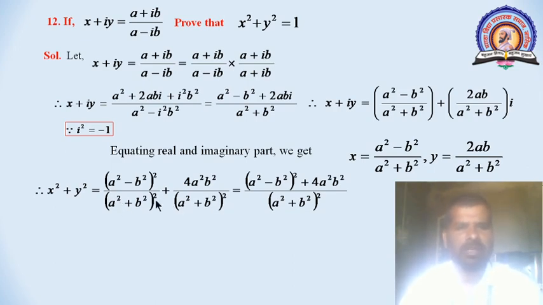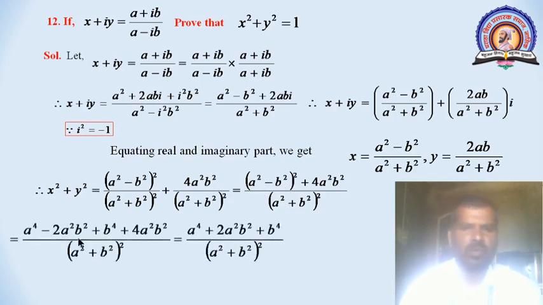Now observe that for these two terms the denominator is the same, so we will add the numerators only. So we will get a square minus b square, bracket square, plus 4a square b square upon a square plus b square, bracket square. Now making the square of this bracket, we will get a raised to 4 minus 2a square b square plus b raised to 4, plus this 4a square b square keep as it is, upon a square plus b square, bracket square.